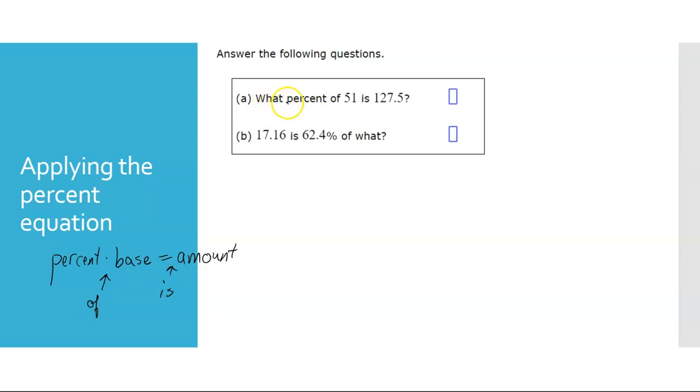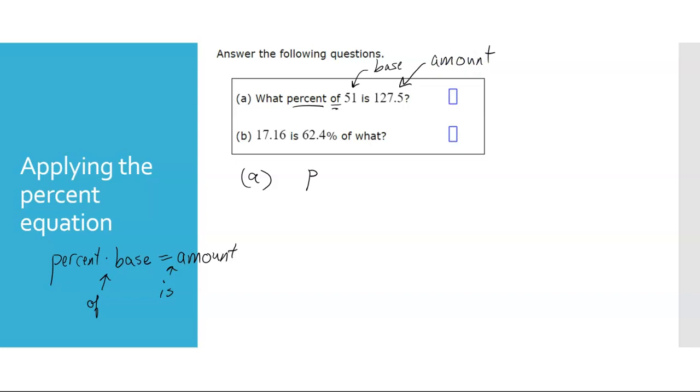In part A, we're trying to find what the percent is, so I'm just going to call that P. So for part A, we have P of, so there's our multiplication. That means this number 51 has got to be the base, and this 127.5 has to be the amount.